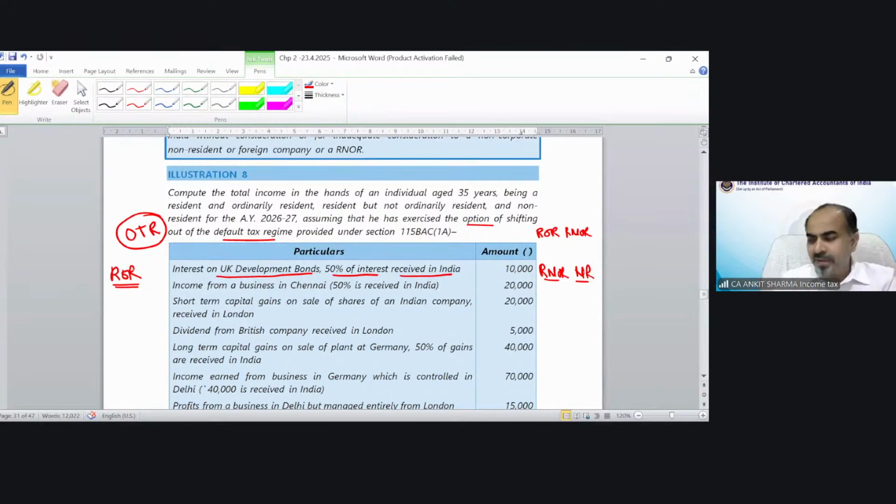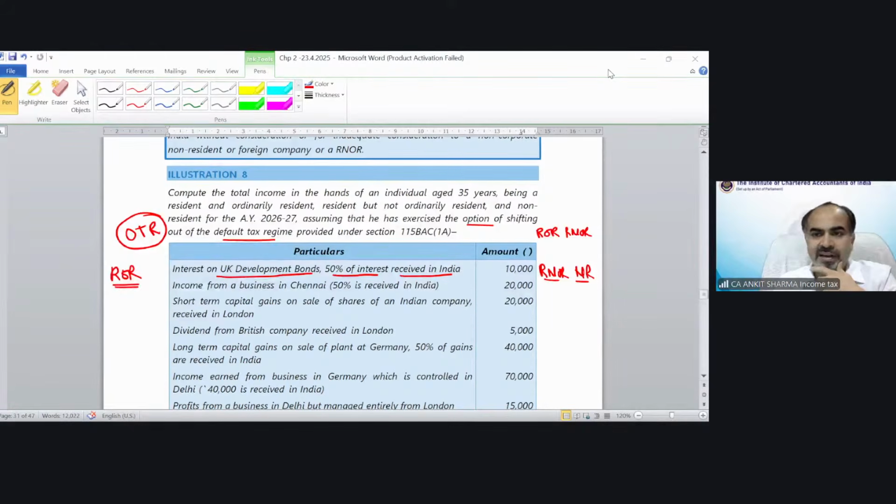So now you need to tell me out of this 10,000, which category of person? Akhil is saying 5,000 is for all three and another 5,000 is only for ROR. So technically you need to write it down like this: 10,000 for ROR and 5,000 for other categories. Nisha is saying 10,000, 5 and 5, very good. Lohit is saying 10, 5, 5. Vedant is saying in all cases taxable, not correct Vedant.